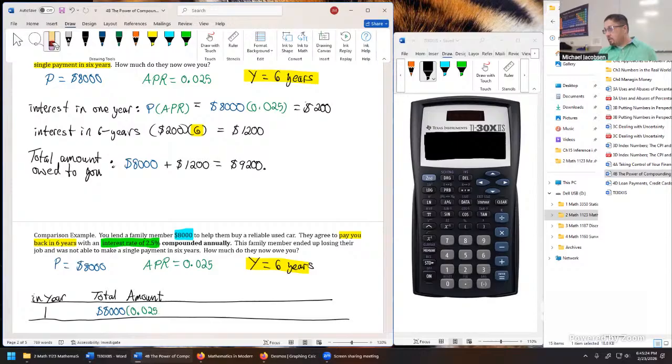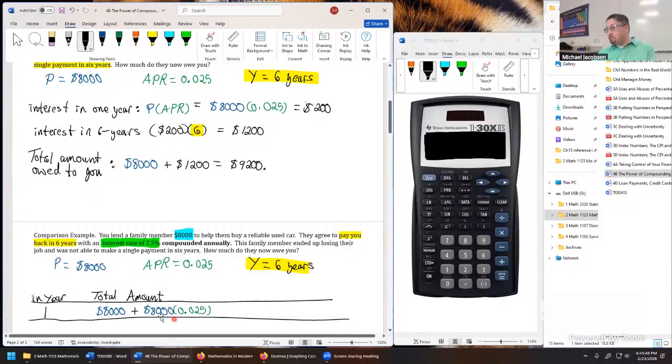and actually let me backtrack. Sorry for the misstep on that. I'm looking into the total amount, so I want to do in one step this part right here, the 8,000 plus the 8,000 again, multiplied by the 0.025. Okay, sorry for the missteps getting started on this one.